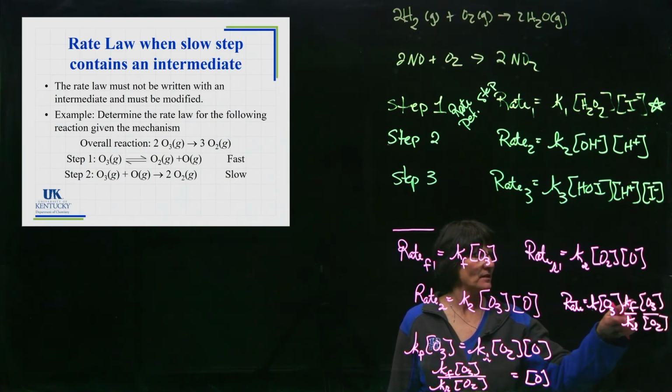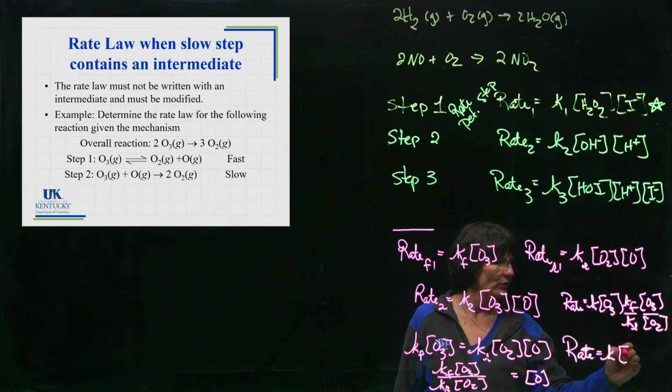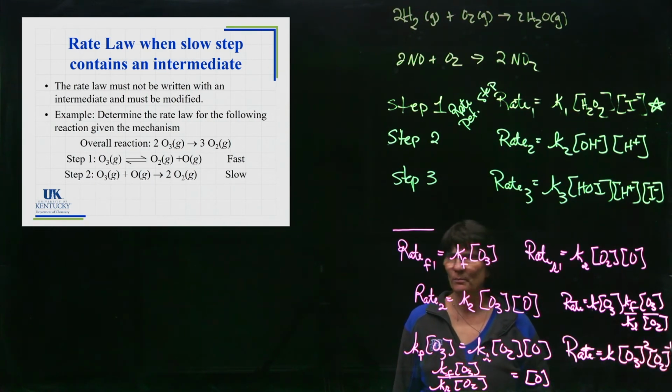Now, a constant times a constant times a constant is a constant. So rate is equal to a constant, and then I have these O3s, they're squared, and I have an O2 in the denominator. That's a -1 power. So now this is the rate law for the reaction based upon the slow step, but substituting out this intermediate for non-intermediates.